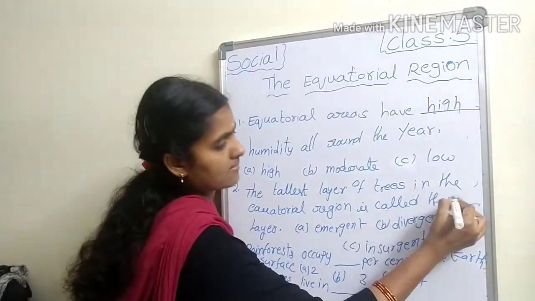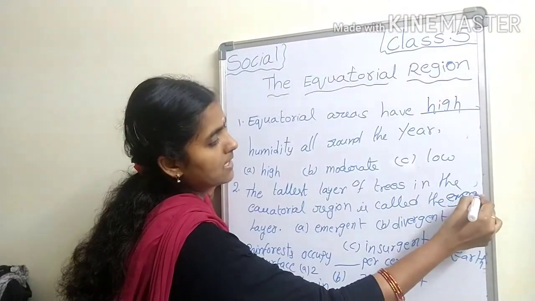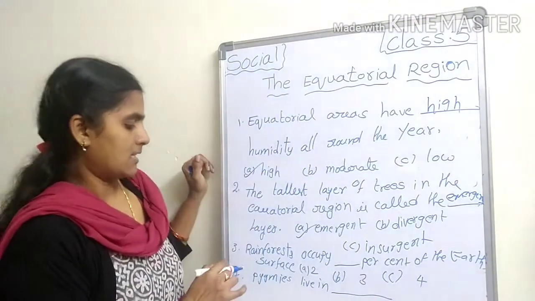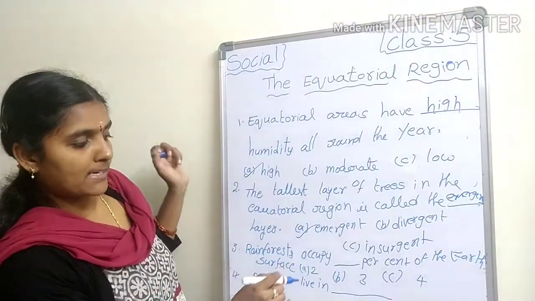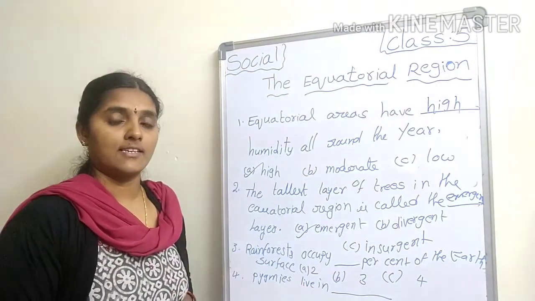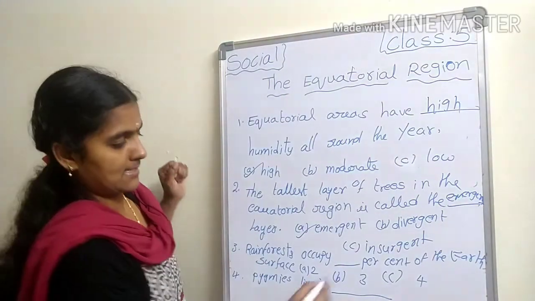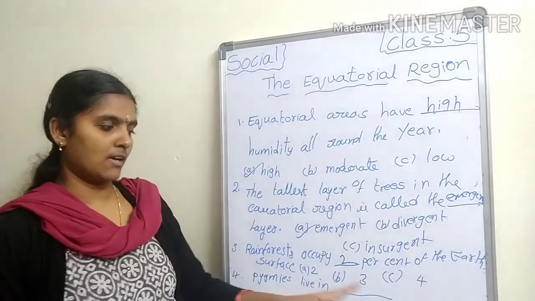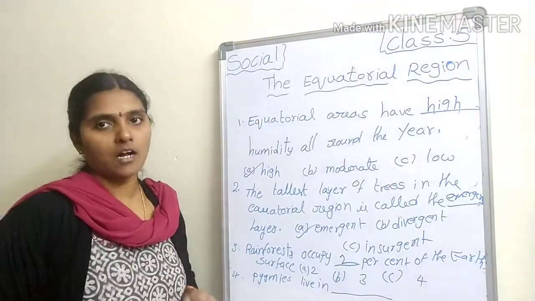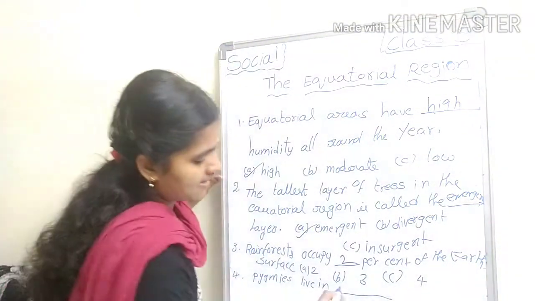Emergent layer. Next, rainforests occupy dash % of the earth's surface: 2, 3, or 4? 2%. Pygmies live in Congo. Yes?